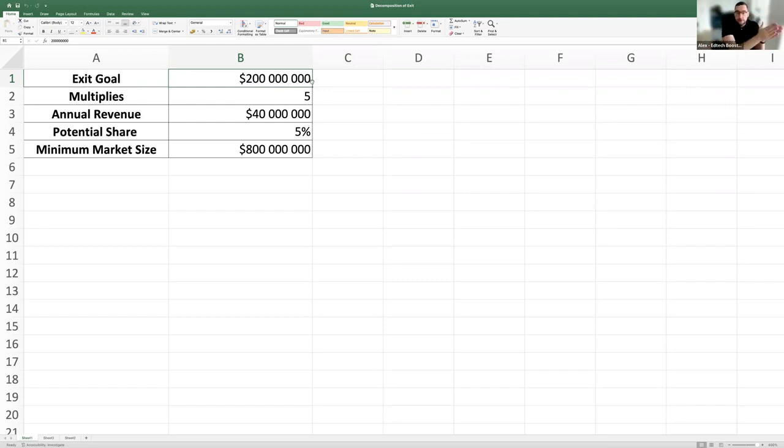Basically, we want to sell our startup for 200 million with a 5 multiple. So what should the annual revenue be? We need to divide 200 by 5. So our annual revenue should be 40 million. If you have 40 million with a 5 multiple, we would have a 200 million exit.